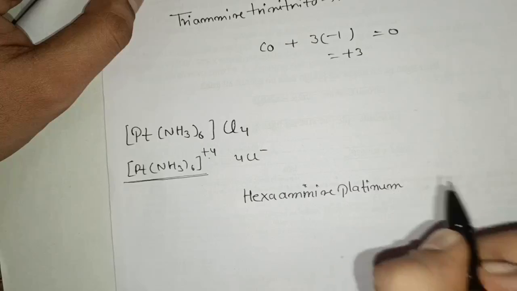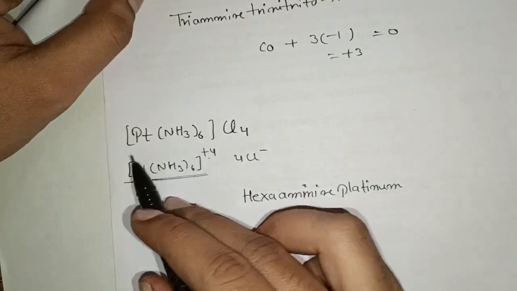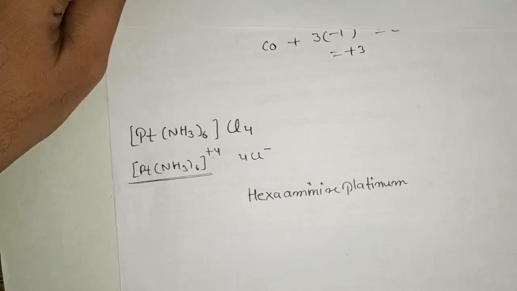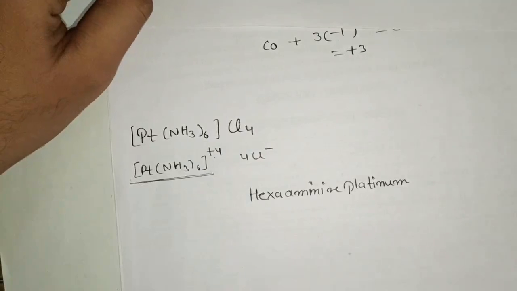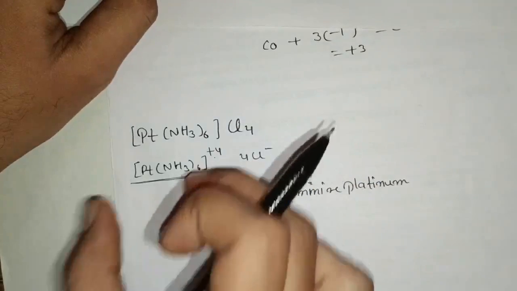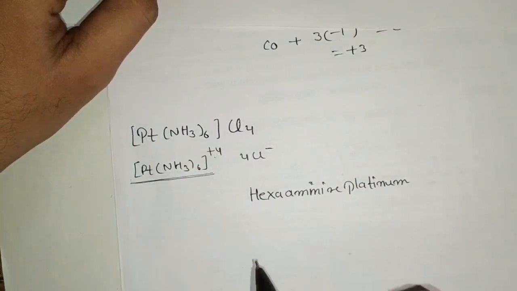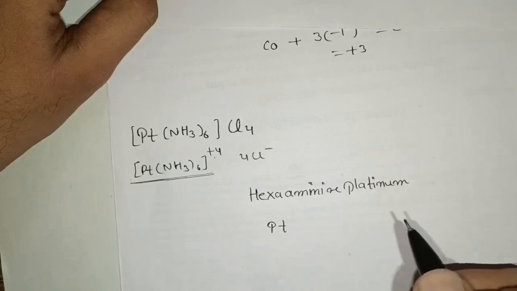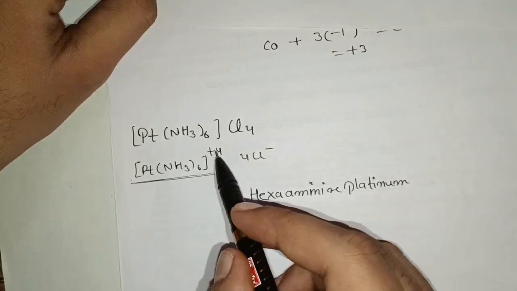All right, the suffix -ate will not be used because of the positive charge. Then you need to put the oxidation state also with the platinum. So let's see about this coordination sphere only. There are two ways to calculate the oxidation number. Either you can take the entire compound, or you can take this coordination sphere. If you are taking this coordination sphere, you need to mention the charge. All right. So let's say I am calculating for platinum. Ammonia is having no charge, so it will always give you +4 over here.